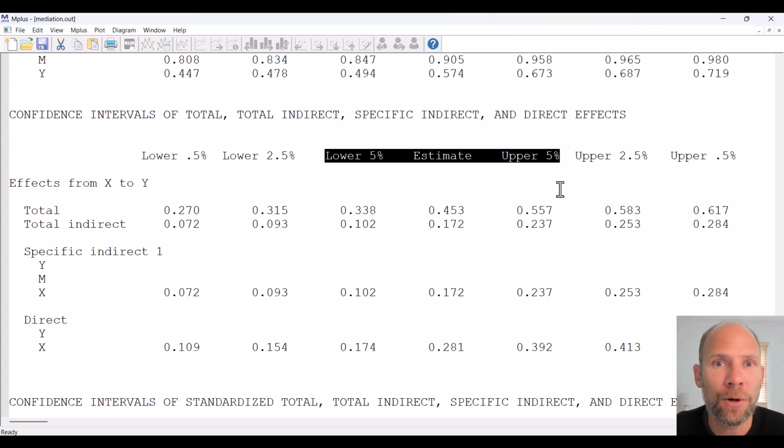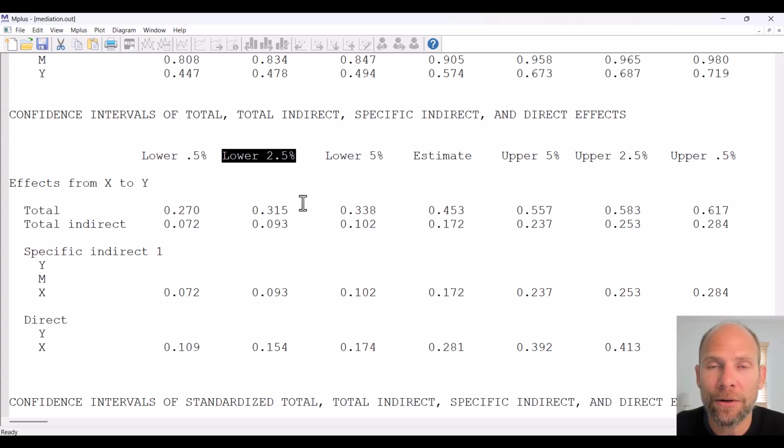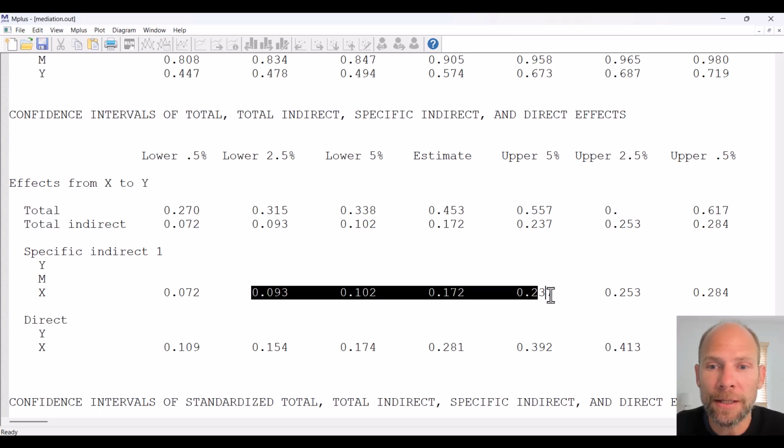We would typically go with a 95% confidence interval corresponding to an alpha or significance level of 5%, or we would go with a 99% confidence interval corresponding to an alpha level of 1%. And so we find the limits of a 95% confidence interval in the columns lower 2.5% and upper 2.5%. So in our situation, these would be the relevant values to look at.